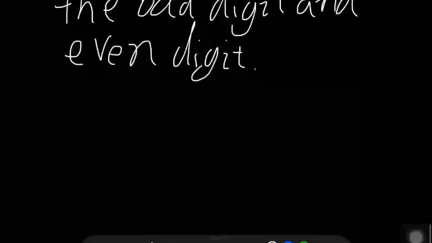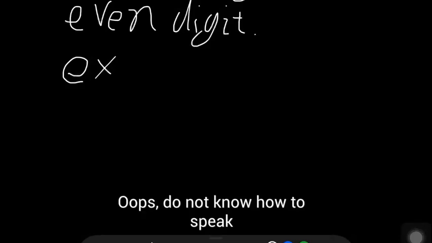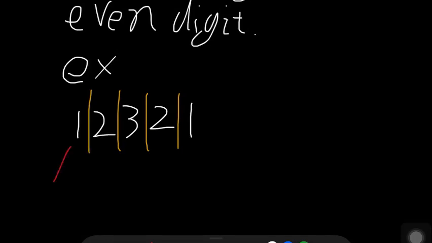So let's have an example. Let's say 12,321. So we need to mark the digits. Let me use red arrows for the odd-position digits and blue arrows for the even-position digits, so you guys can see more clearly.